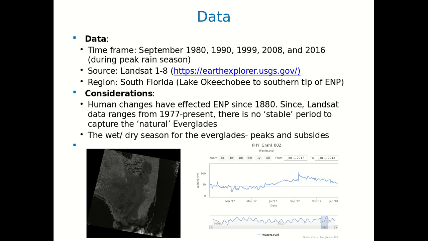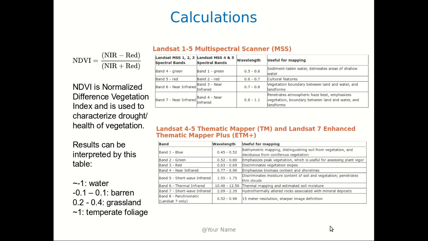And then also we talked about the wet and dry season, peaks and subsides. Down here you can see a plot of 1 year and then a plot over many years. So the wet season can be wetter, the dry season can be drier, but it will be the easiest basis to compare on for this project. As I said, I'm using data from different Landsats.